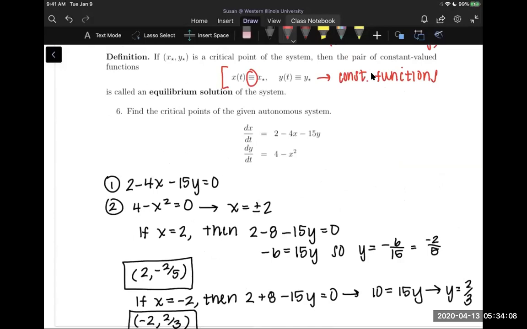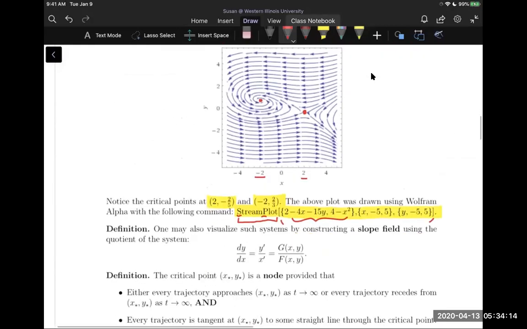All I did was I took the x prime and the y prime differential equation, and I put those together separated by a comma and encased in curly braces. These last two curly braces are just lists to tell Wolfram to output your plot from -5 to 5 in both the x and the y direction.